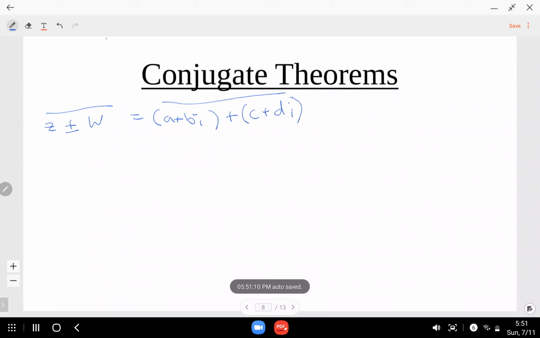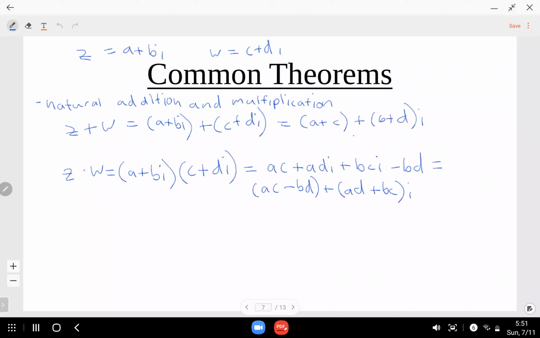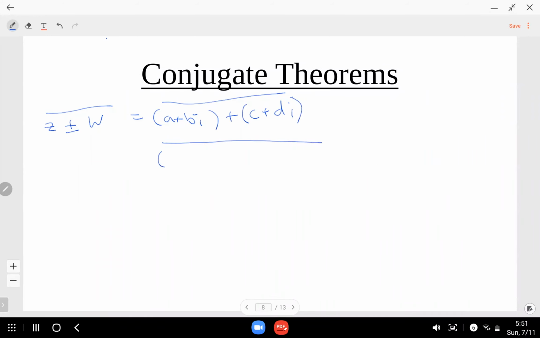Now, since we already did the natural addition, that's going to be a plus c plus b plus d times i. Now let's take the conjugate of it, which is just reversing the sign. Actually, there's no conjugate anymore because we just did that.